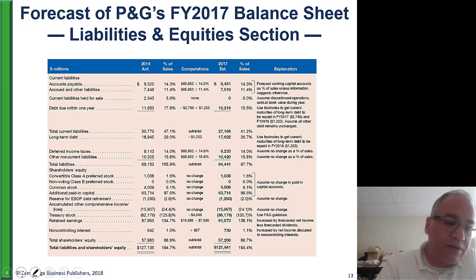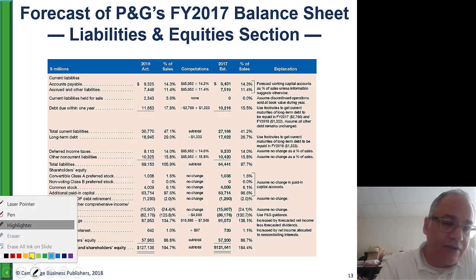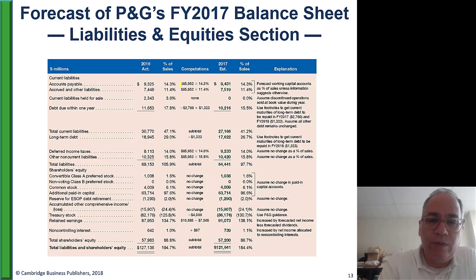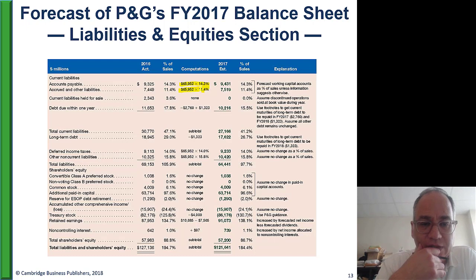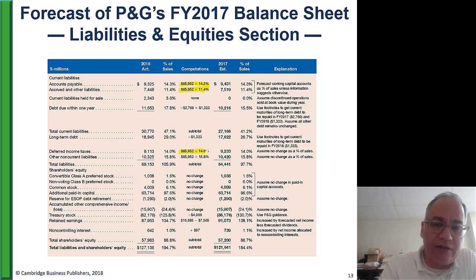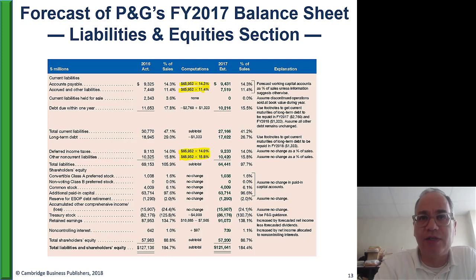And the same thing with current liabilities. We have accounts payable and accrued and other liabilities, which will be presented as a percentage of sales. Likewise, deferred income taxes and other non-current liabilities will be presented as a percentage of sales because income is driven by profit, which in turn is driven by sales.